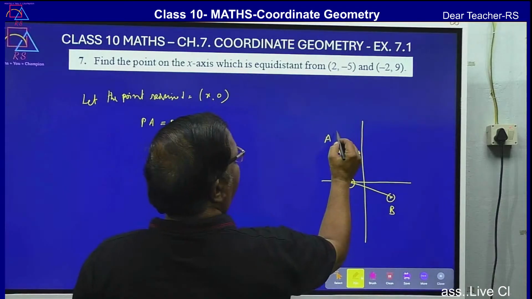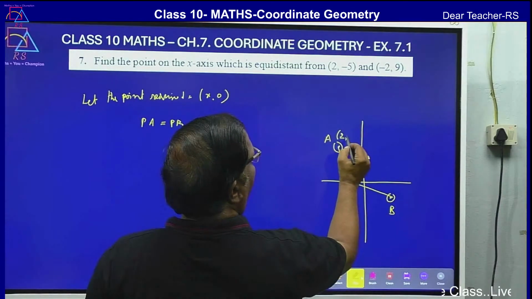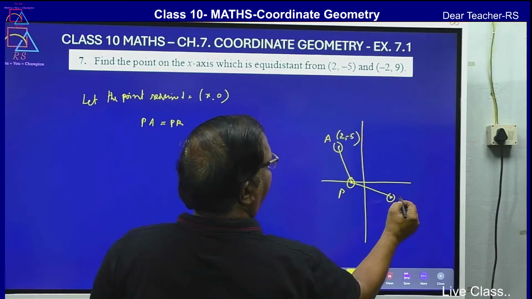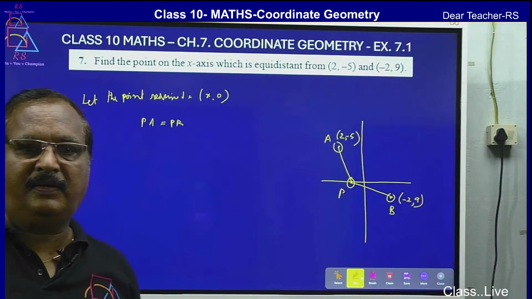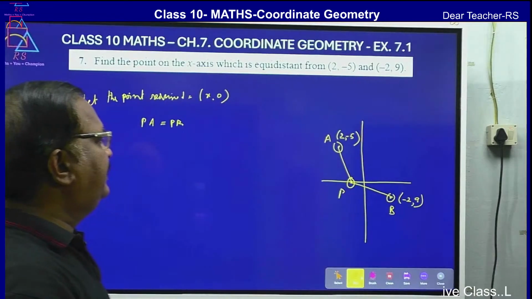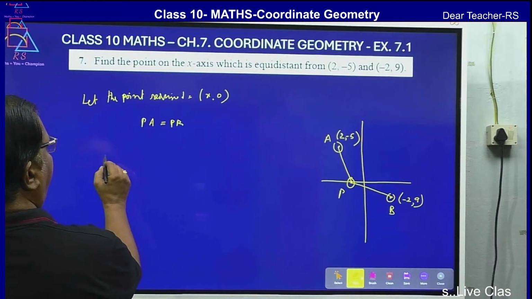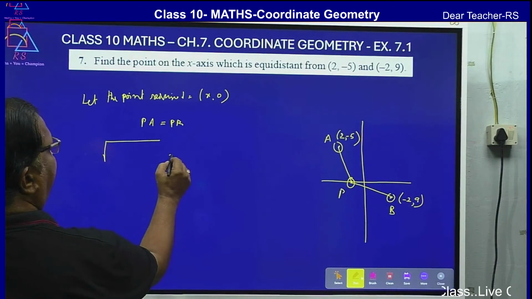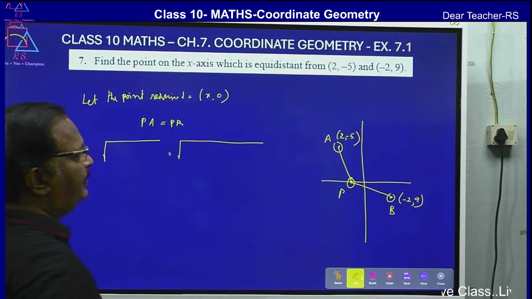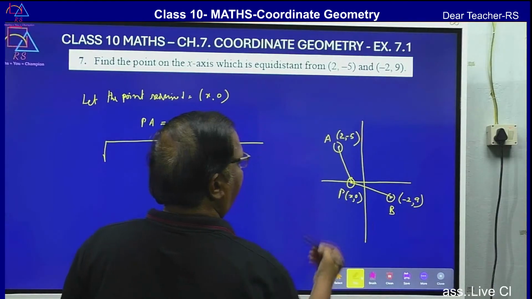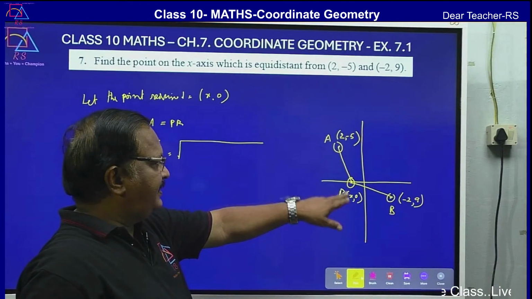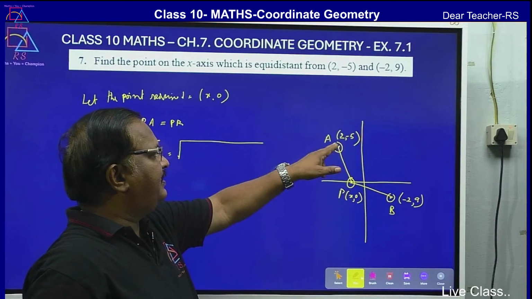So A is how much? (2, -5), and B is (-2, 9). Okay? So now PA. We have to write the formula. This is (x, 0). Let us say this is (x1, y1) and this is (x2, y2).